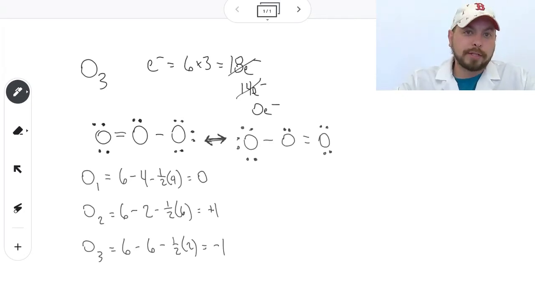So the oxygen on the left has a formal charge of 0, the middle oxygen has a formal charge of +1, and the oxygen on the right has a formal charge of -1.